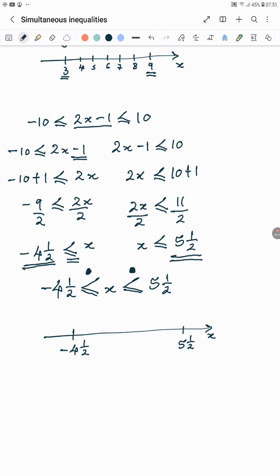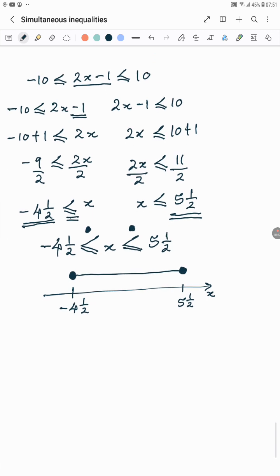So which means you're going to put shaded circles on minus 4.5 and on 5.5, and you join the two circles. So these shaded circles, they mean we are also including minus 4.5 and 5.5 in our solution set.